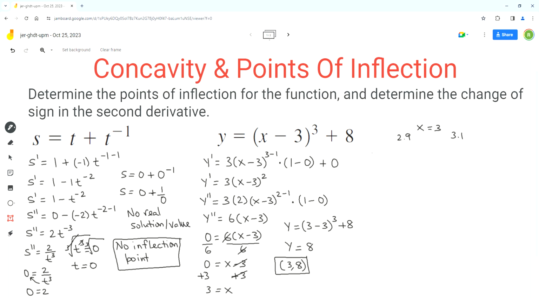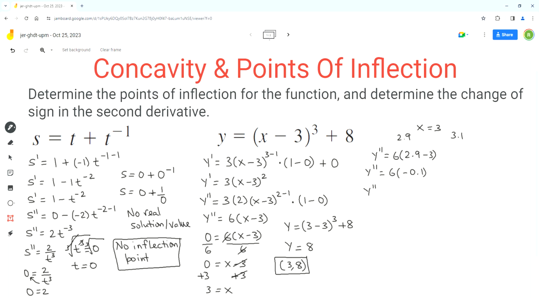So let's start with 2.9. So y double prime equals 6 times 2.9 minus 3. So we get y double prime equals 6, and then 2.9 minus 3 is negative 0.1. So 6 times negative 0.1 will give us a negative value.